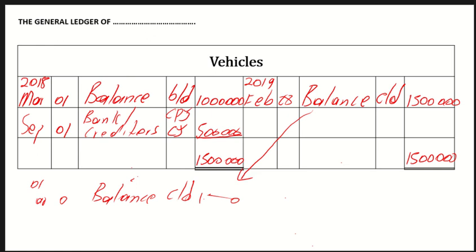Sir, is it the same amount again? Yes. Why do you carry down? Carry down simply means that that will be my balance when I start my new month, the next month. Yes, it's 1.5.